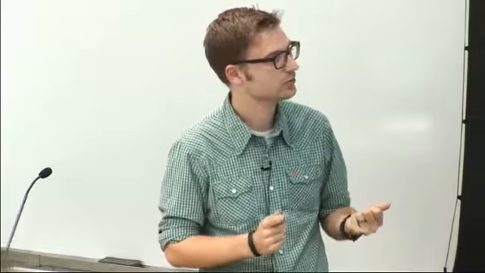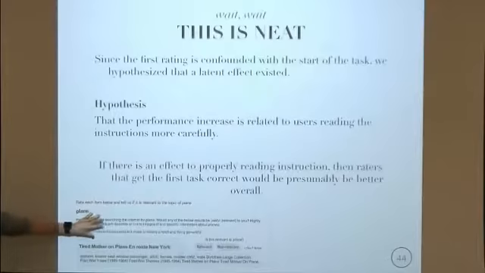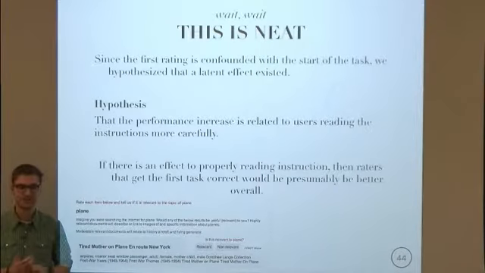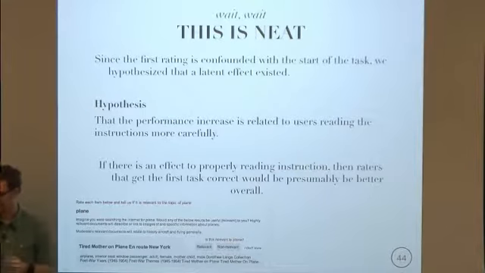So here's what I thought. That this performance increase is related to people reading the instructions more carefully. So people that spent more time on the first task were more correct because they paid closer attention to the code book. But if that was the case, then that would also linger to all their other tasks, right?